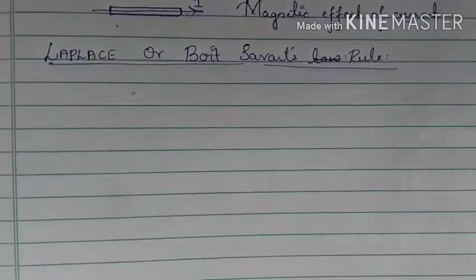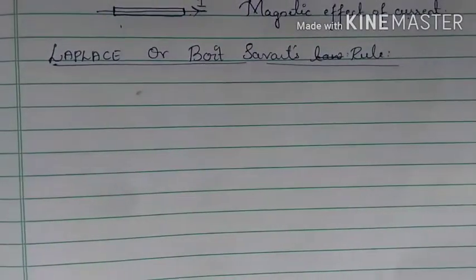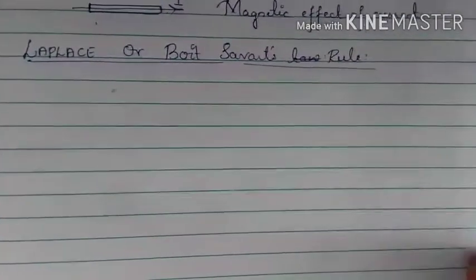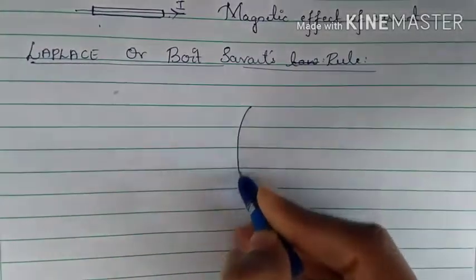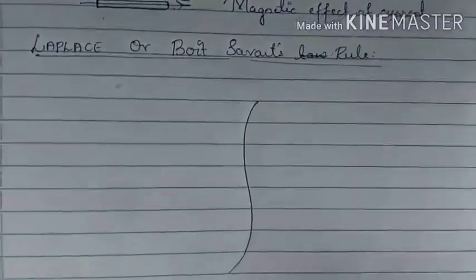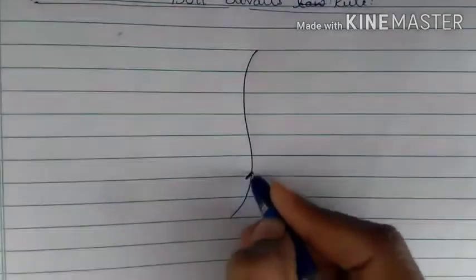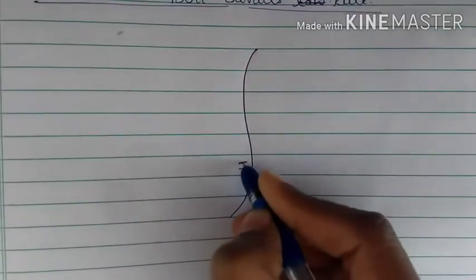To understand this rule, you first need to have the conductor. Let's suppose you have a conductor XY, which is somewhat like this. You have a conductor XY which is carrying a current I in the north direction.